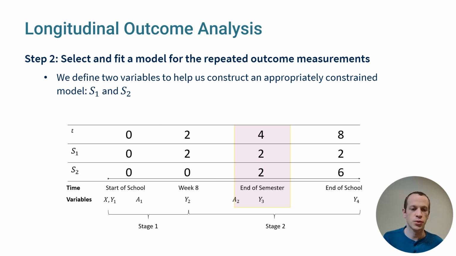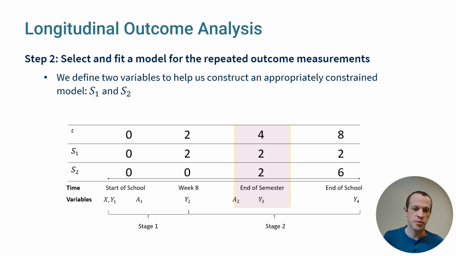Then at time t equals 4, we set S1 to 2. It doesn't increment anymore because stage 1 stops after 2 months. So no more time elapses in stage 1. And then we'll set S2 equal to 2, because at this point, 2 months have elapsed in stage 2, right?